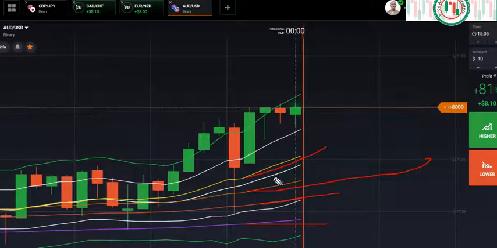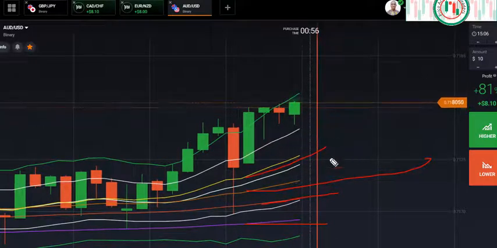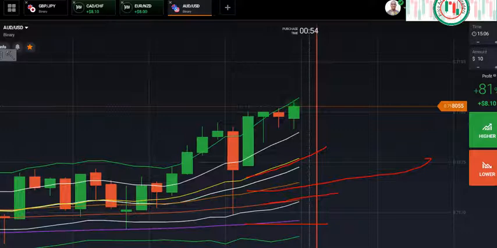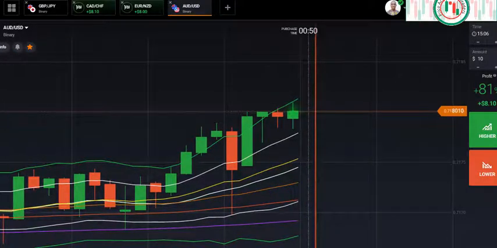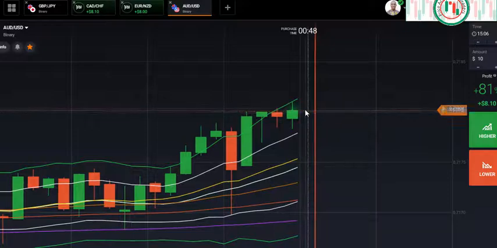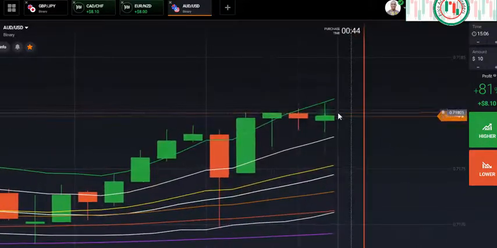This alignment shows that the market will not come down at all. So maybe on the next candle I'll take my trade, but here is a strong area.